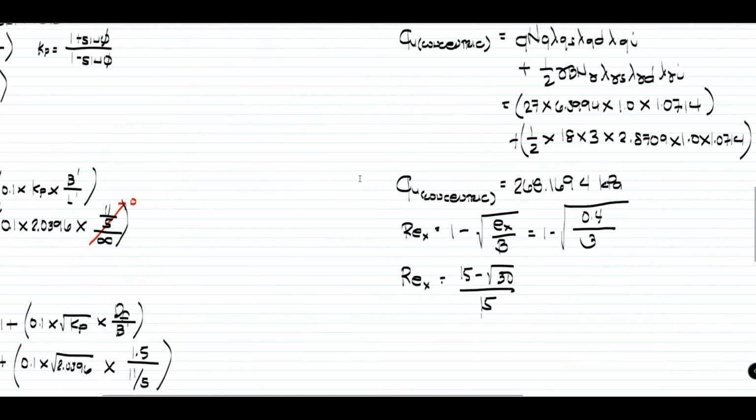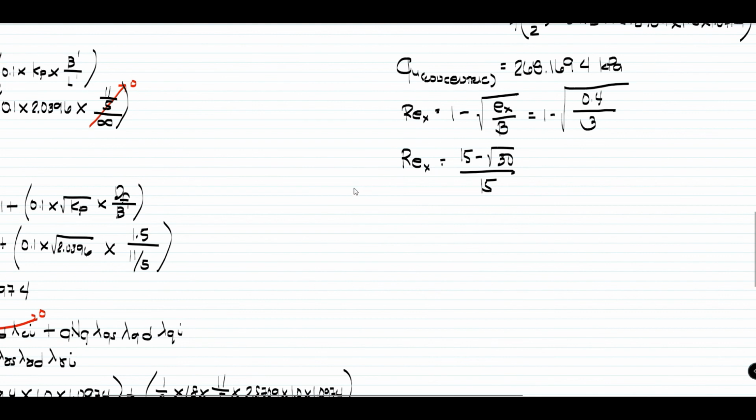So, to get the eccentric bearing capacity, so the QU eccentric, that will be equivalent to the QU concentric times REX. So, that will just be a value 268.1694 times 1 minus square root of 0.4 over 3.